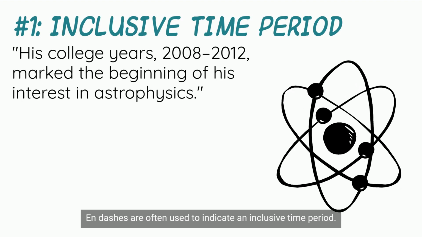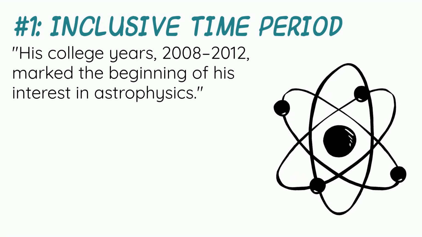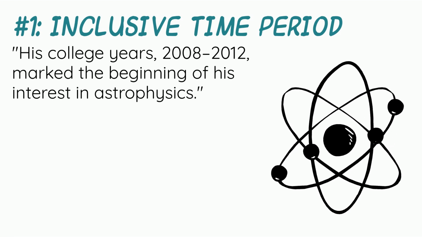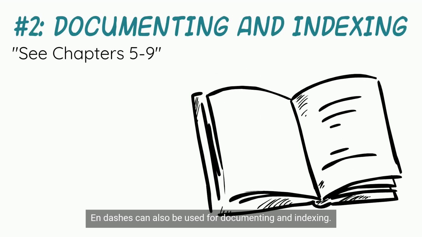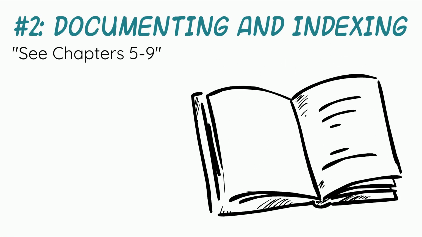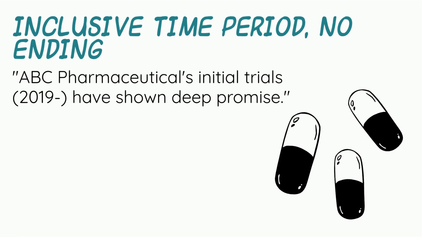N dashes are often used to indicate an inclusive time period. N dashes can also be used for documenting and indexing. Use an N dash to indicate an inclusive time period with no ending date.